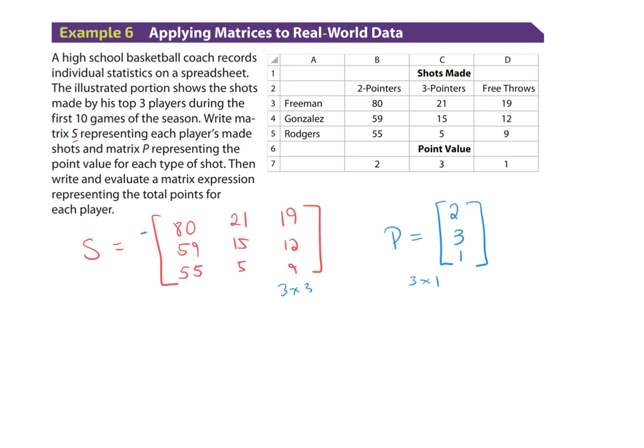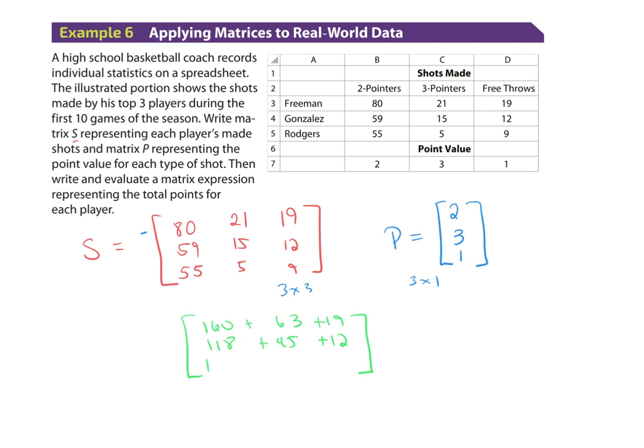And so I'm going to do exactly what I would do here. I would say 80 times 2, so I have 160. Plus 21 times 3, that's going to give me 63. 19 times 1, that's Freeman. Gonzalez, that's 59 times 2, 15 times 3, 45, and 12 times 1.